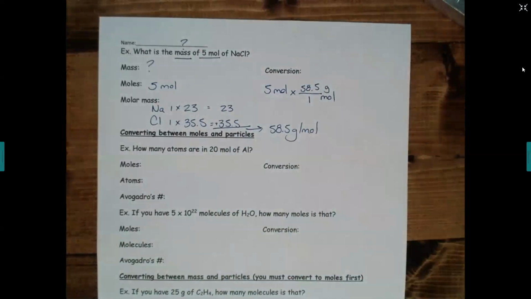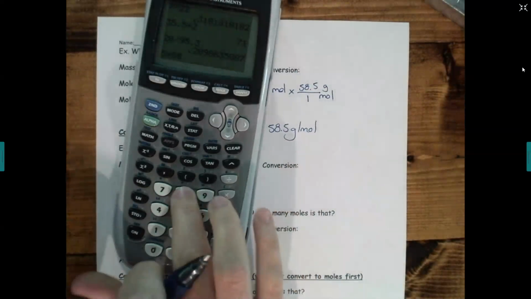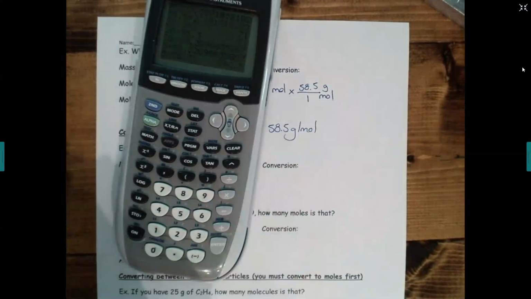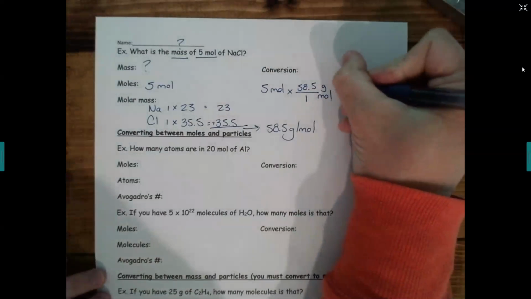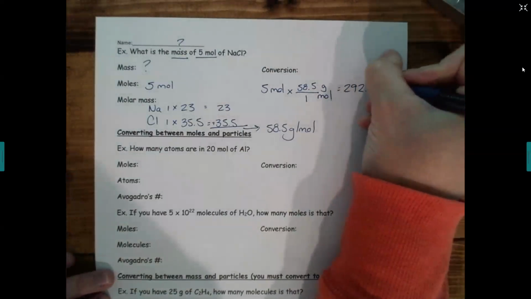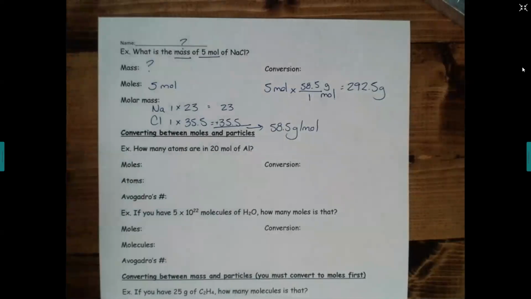So all I'm doing here is multiplying. 5 times 58.5. And I get 292.5 grams. So when you are converting moles to grams, you multiply by the molar mass.